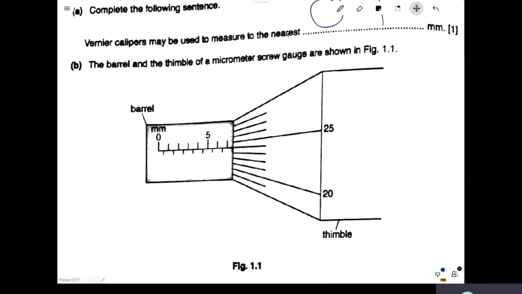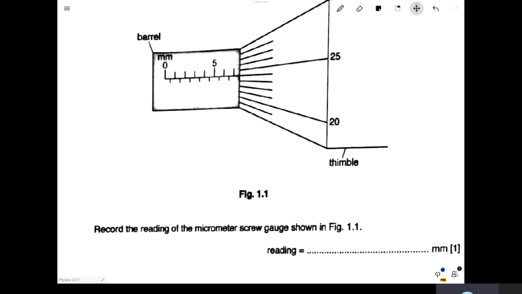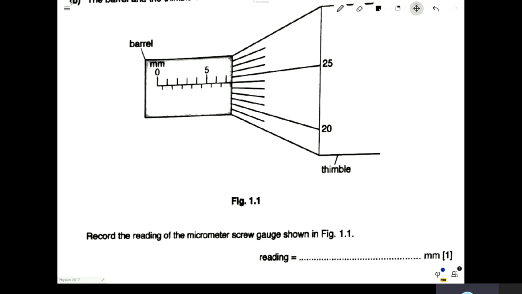The barrel and the thimble of a micrometer screw gauge are shown. Record the reading. Okay, what reading is this? So we see this is 5, right? This is 6. This one is 7. Okay, and this one is 6.5.